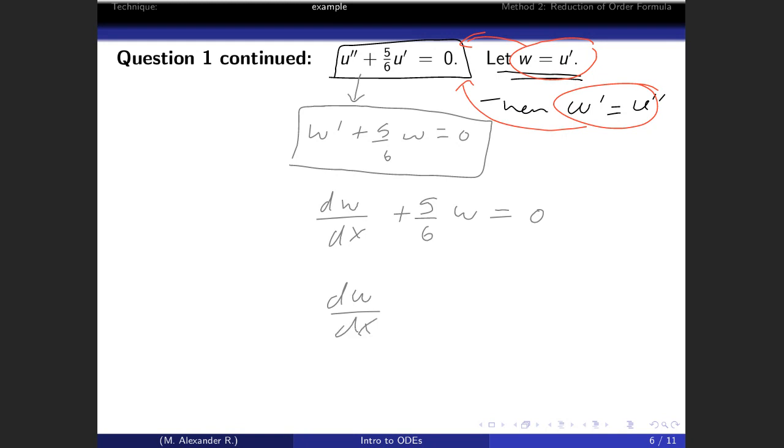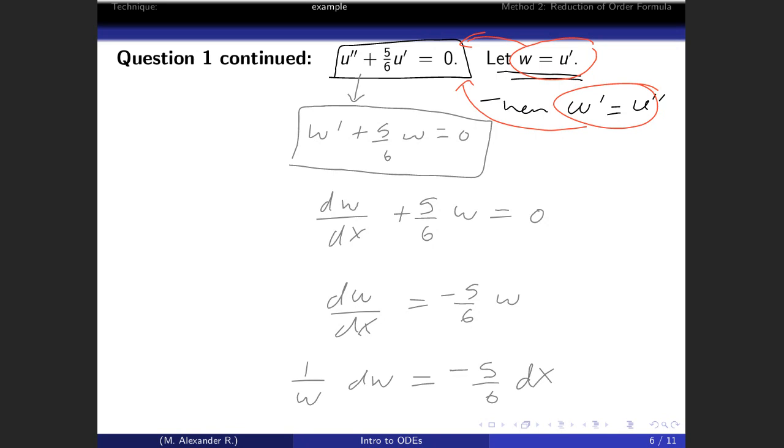Let me just show the steps briefly. We have negative 5/6 w, and then the last step would be 1 over w dw is equal to negative 5/6 dx. Now we have separated the variables, and so that means that we can integrate.